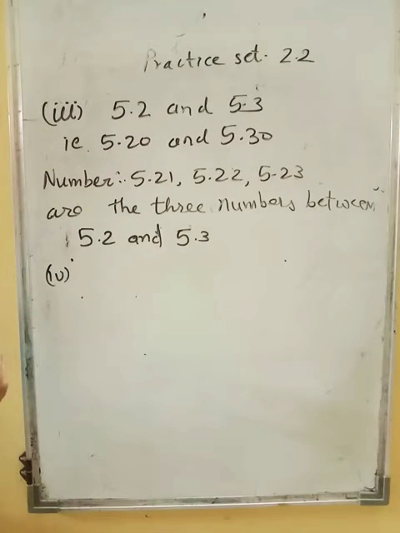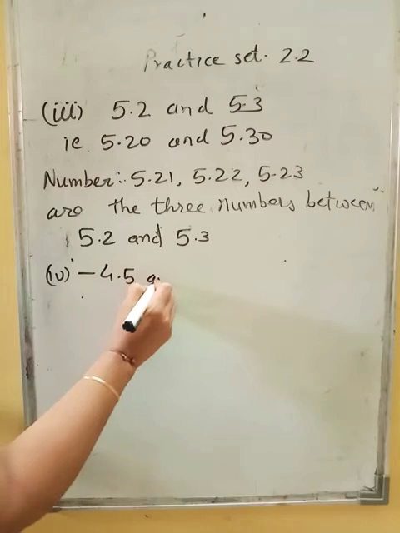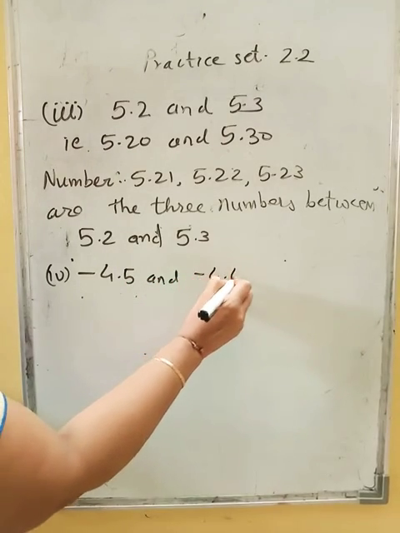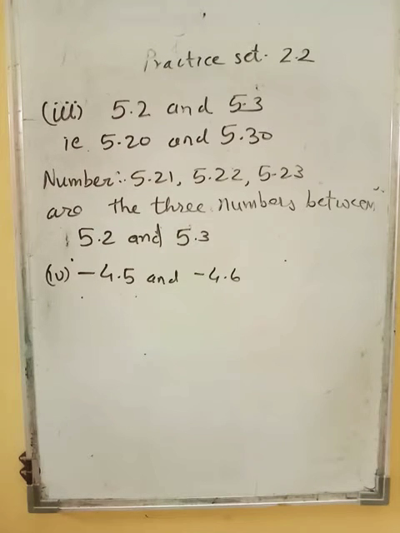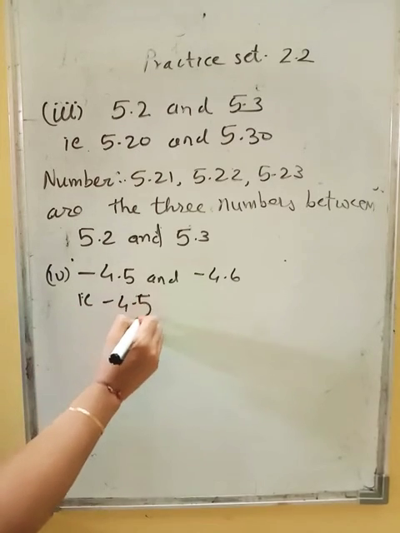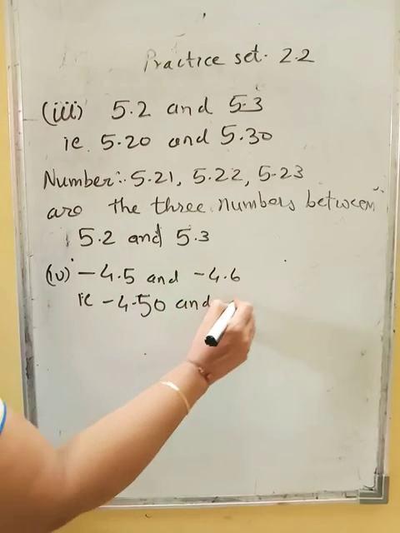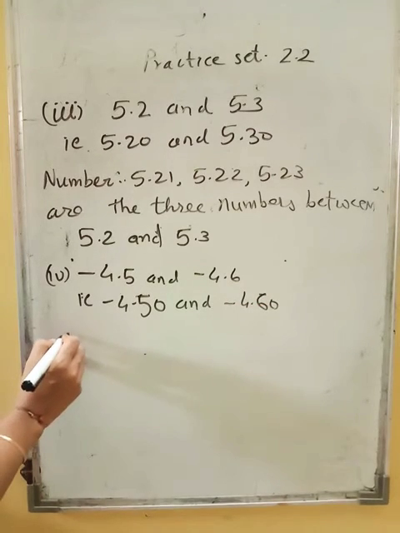Fourth question, you have minus 4.5 and minus 4.6. So again I'll just put a 0. That is minus 4.50 and minus 4.60. So you can write the numbers now.